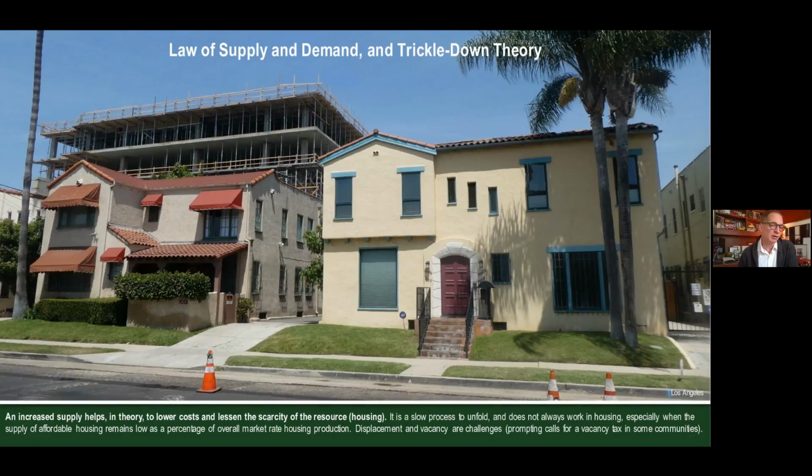If we're building a lot of market rate, which we are doing, certainly in Los Angeles and I would say in other parts of California, even luxury housing units, they are not equivalent to what we're getting rid of. It also brings up the question of displacement and vacancy, prompting calls for things like a vacancy tax in some communities, to deal with what we are actually gaining versus what we're losing.